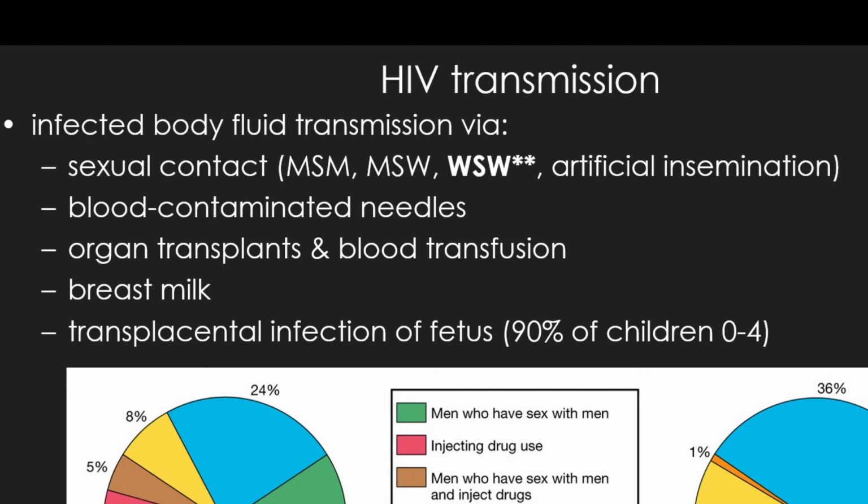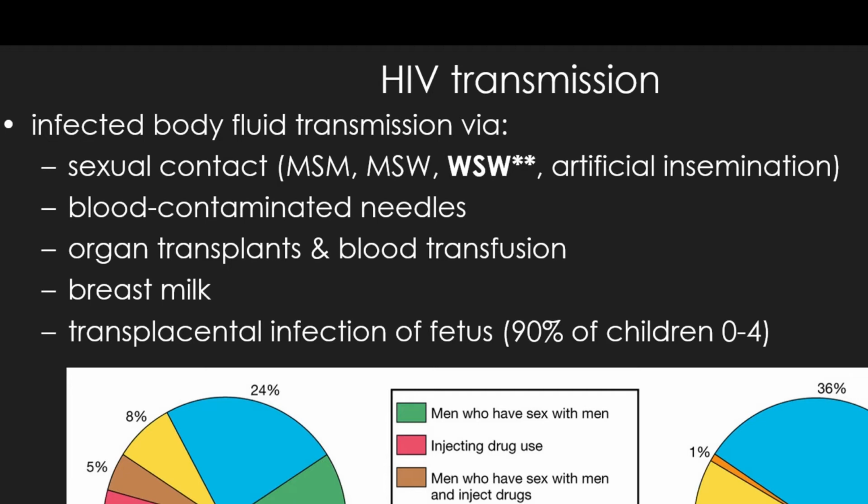So sexual contact is the major mechanism of transmission, and the risk associated with sexual contact has to do with the kind of sexual contact that is engaged in. So the most at-risk group are men who have sex with men, followed by men who have sex with women, and then women who have sex with women, and then artificial insemination.